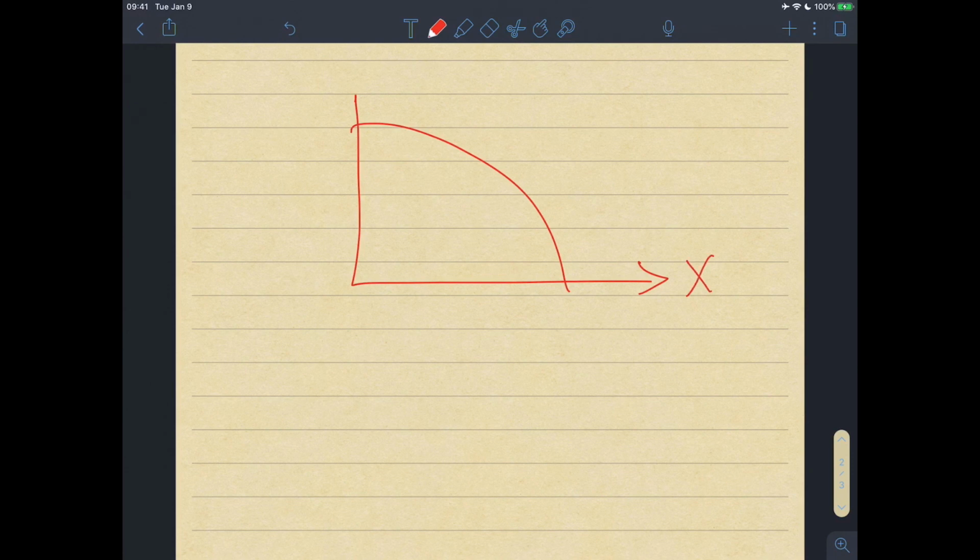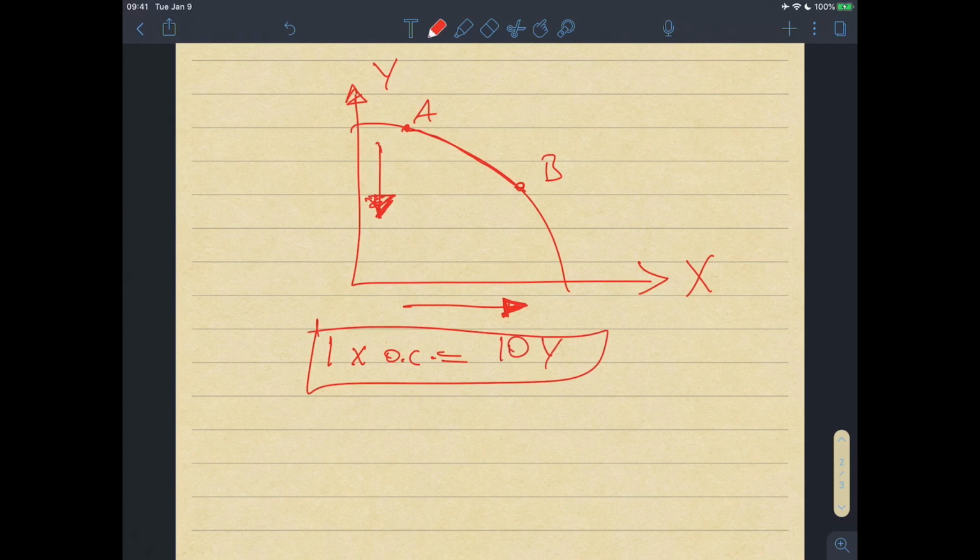And let's say we have X good here and we have Y good here and we are moving from point A to point B. So if I'm moving from point A to B, that means I am producing more of the X good and less of the Y good. That's why I have to say opportunity cost of 1X is, I'm giving just an arbitrary number, let's say 10Y. So basically this is what I have to say.